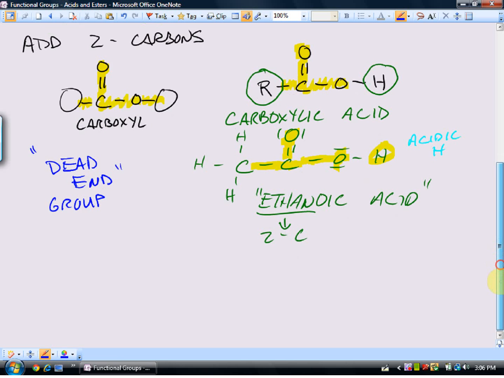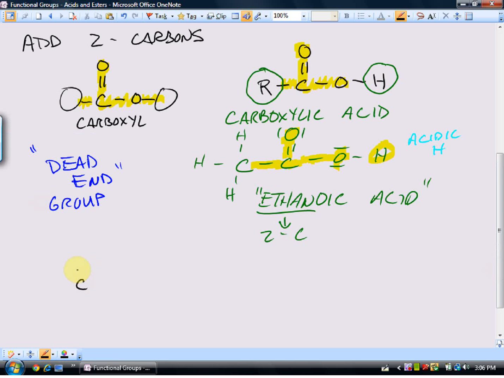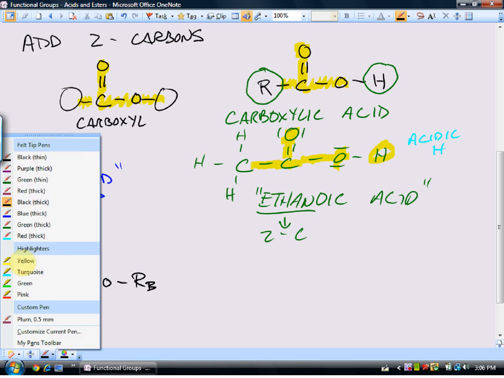The other possibility, go back up to our main structure here. We've got the carbon double bonded to an oxygen, singly bonded to an oxygen. And now, just as we did before, we're going to say we have to have 2 carbon groups about that situation.